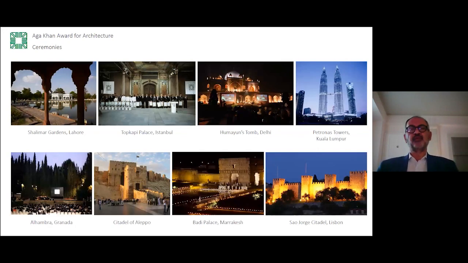The other aspect which I have to mention is that we celebrate these winners usually in a very important ceremony somewhere in the world. The reason is that when you celebrate architecture at the highest level in a country, politically, you bring the subject of architecture to the people to be talked about.